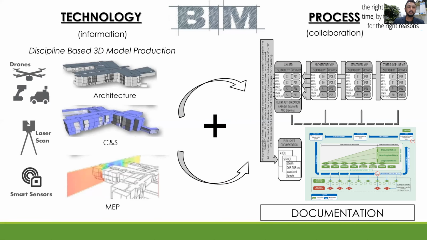One part is the technology itself, which is the 3D models, with the drones, with the laser scan, with the smart sensors and so on, the technology to produce the 3D model and to input the information in the 3D model. And another part of the BIM implementation is the process part. It means that you need the right process in order to ensure that the information that you input in the model is correct.